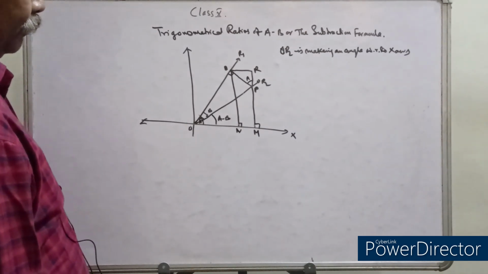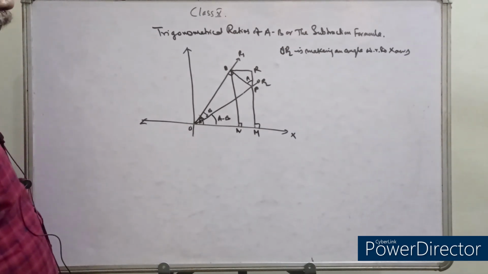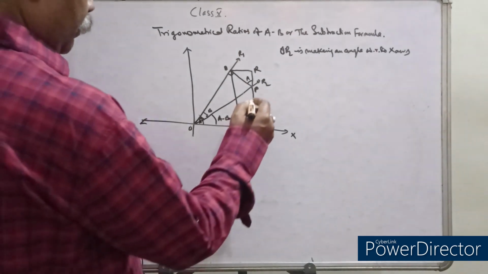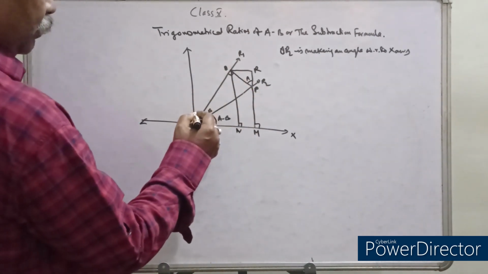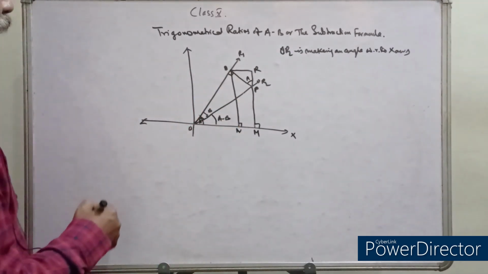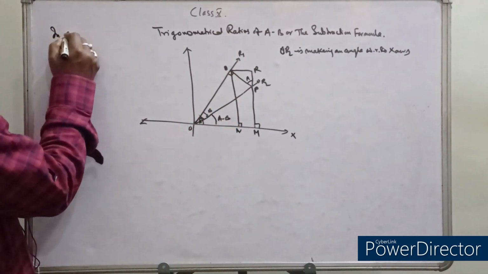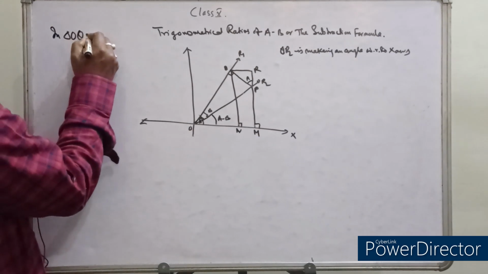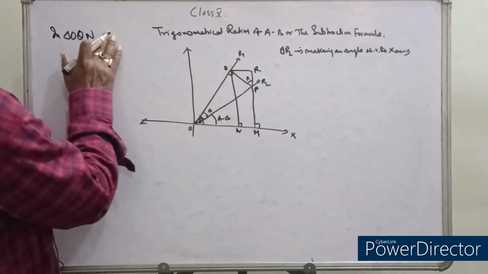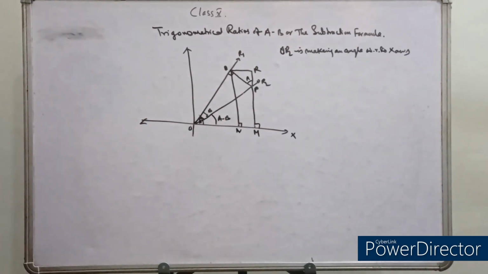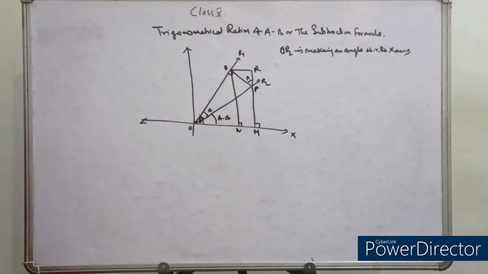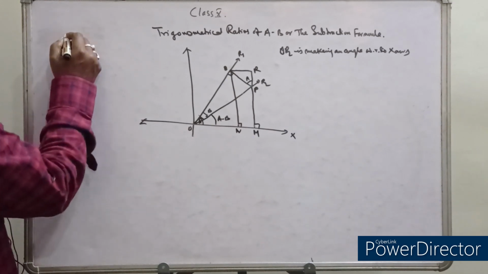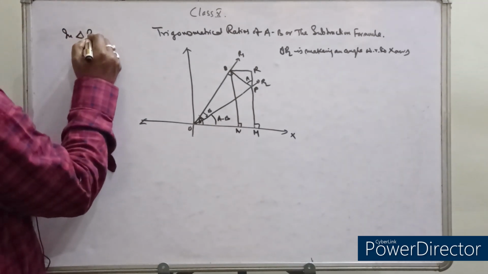Now we consider the triangle POM, because this angle is A minus B.